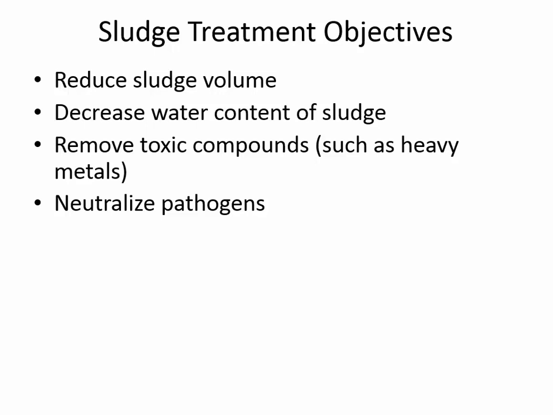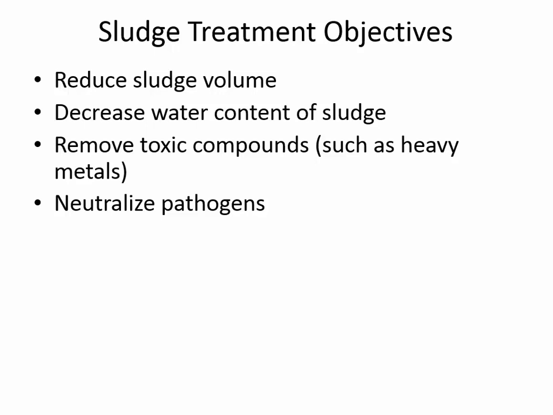It seems like you've really only changed things by 1%, right? 98% water. But actually, that's a little bit misleading, because if you double the amount of solids, what you've essentially done is you've cut the volume of the sludge in half, because you've separated the water from the solids.